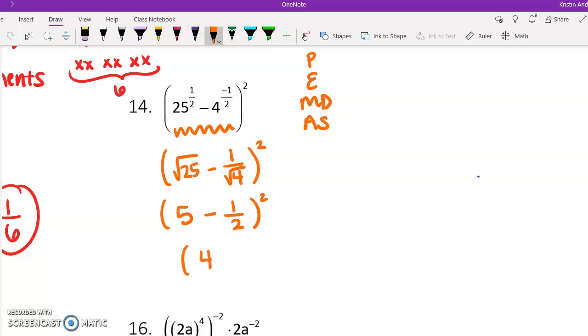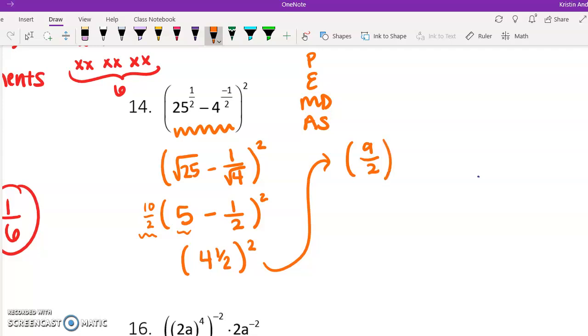It's 4 1/2. 4 1/2 is the same thing as, if you take 4 times 2, you get 8 plus 1 is 9 over 2, 9 halves. Or you can think of 5 like 10 halves minus 1/2 is 9 halves. And then if you square that, you'll square the numerator, square the denominator, and you get 81/4.